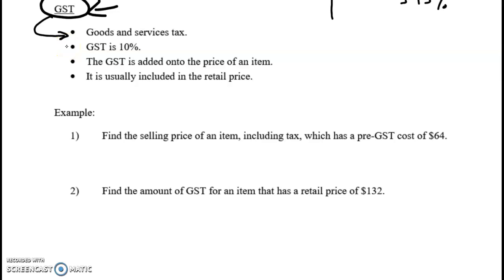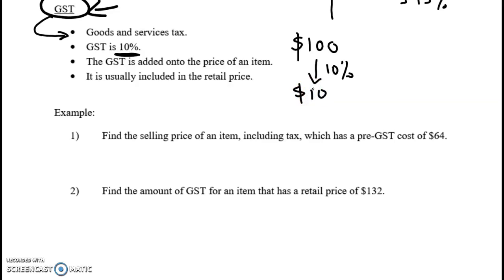And so GST is 10%, and any question that you're given, it'll tell you whether the GST applies or not. So it's 10% of the price added on. So, if I had something worth $100, then the GST would be 10% of that. So 10% of that would be $10, 1/10.